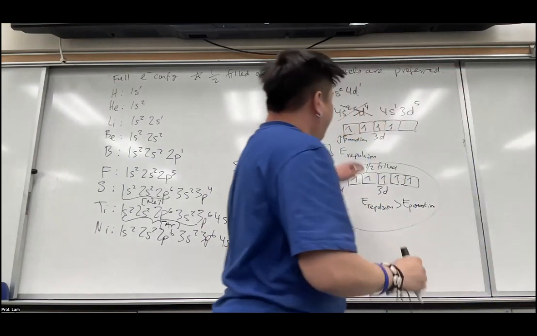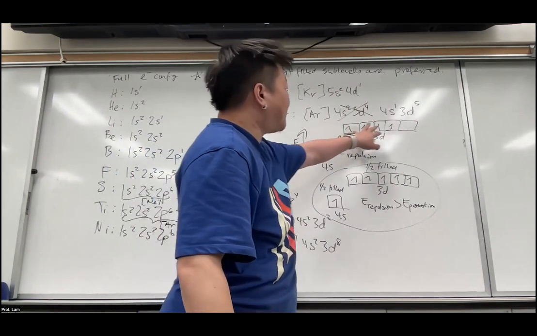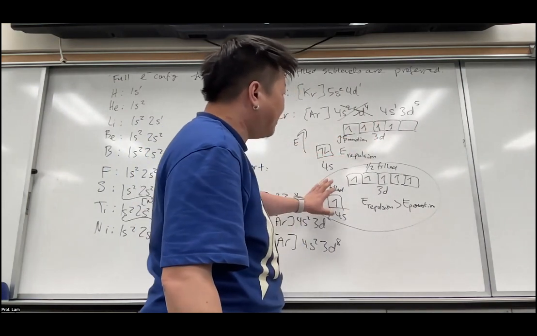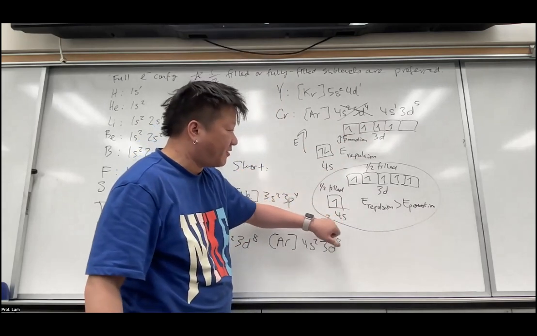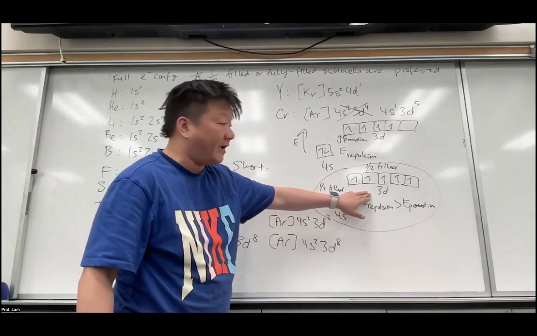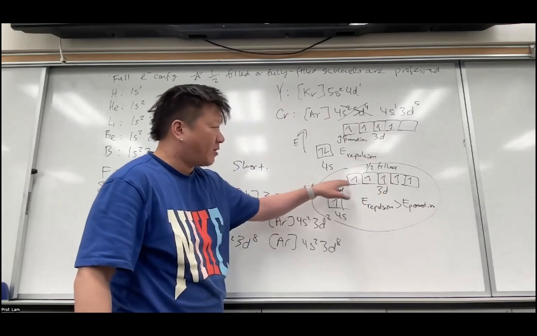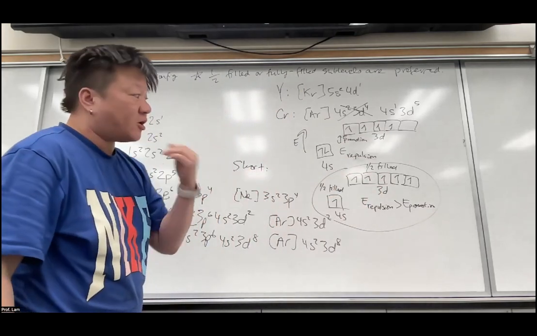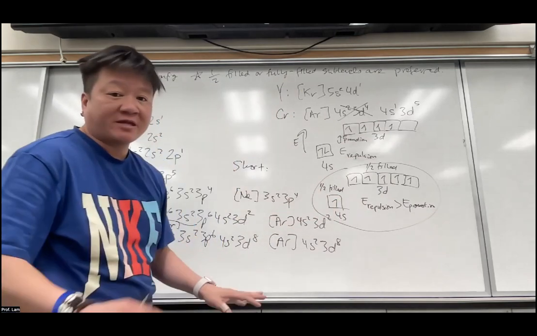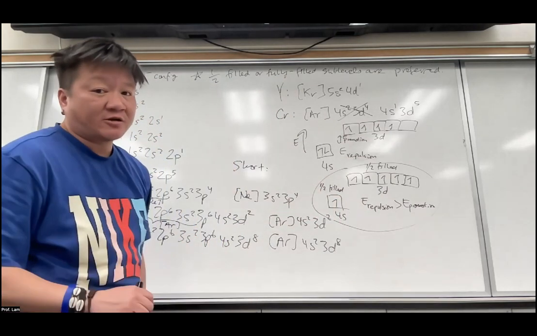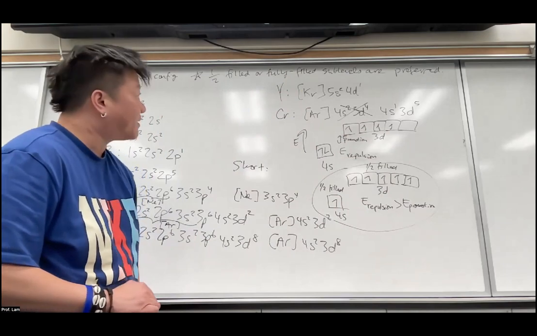Here you have this one fully filled, but this one is not half filled. Here, this configuration is better because it's half filled. The s sublevel is half filled, and the d sublevel is half filled, right? It has 5 out of 10, or 1 electron in each box. So basically, it wants 1 electron in each box, or it wants fully filled, which is everything paired, because that's just more energetically stable, right?